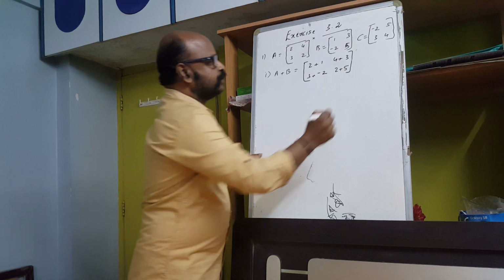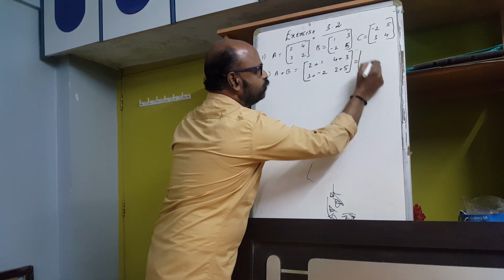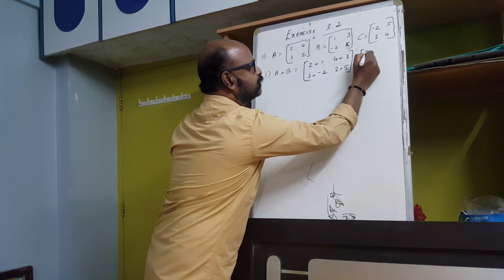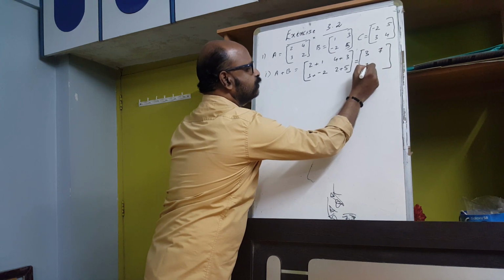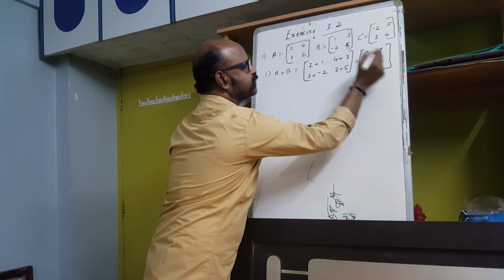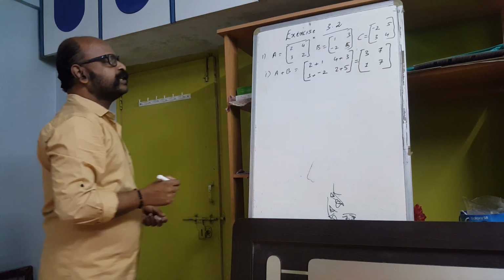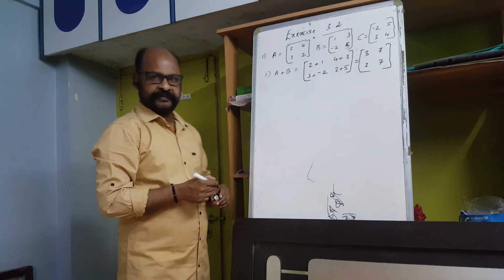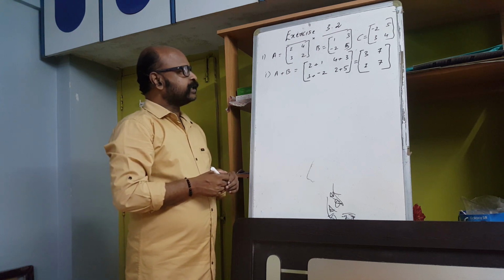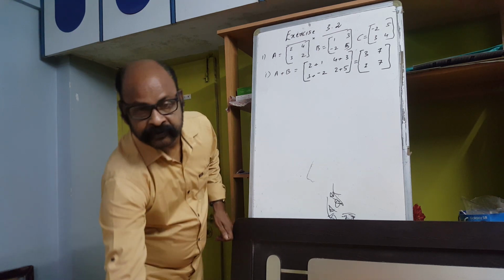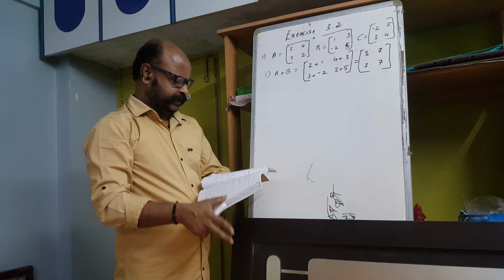That is equal to matrix 2 plus 1, 3, 4 plus 3, 7, 3 plus minus 2, 1, 2 plus 5, 7. So this is the matrix A plus B. Clear? So what have you done? Adding the corresponding elements of A and B.